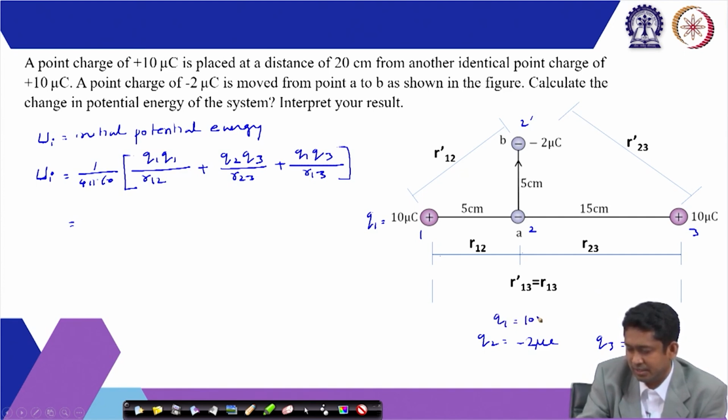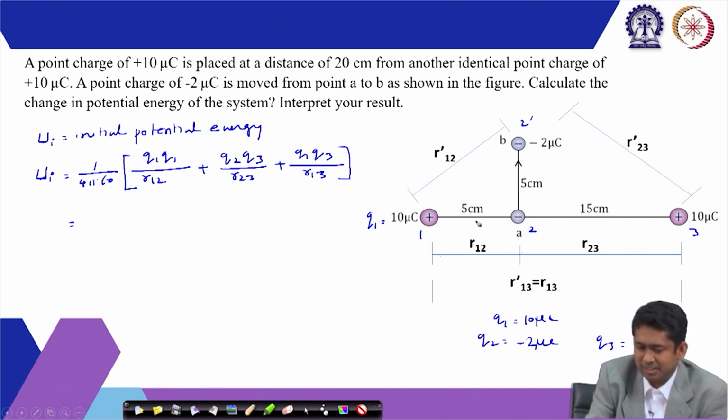Q1, as we said, is 10 microcoulomb. R12 we know is 5 centimeter, and R23 is shown here as 15 centimeter.